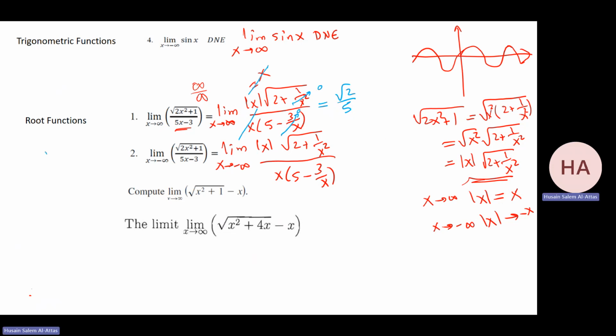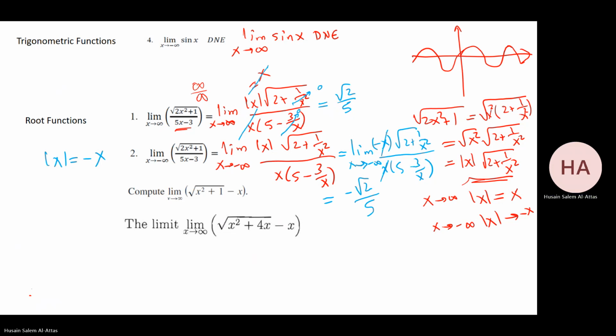In this case, equal to minus x. So this will be the limit as x goes to minus infinity of minus x, square root of 2 plus 1 over x squared, over x, 5 minus 3 over x. So I cancel x with x. I'm getting what in this case? Minus square root of 2 over 5.